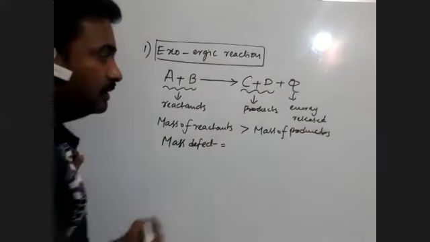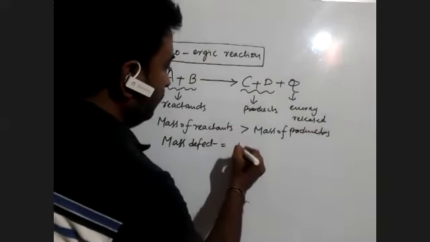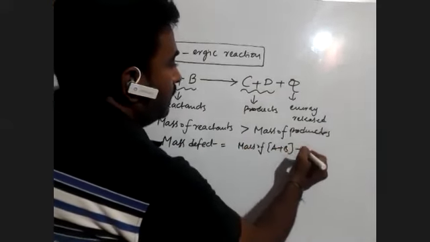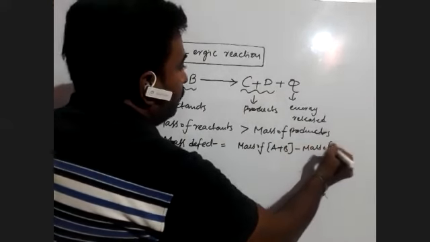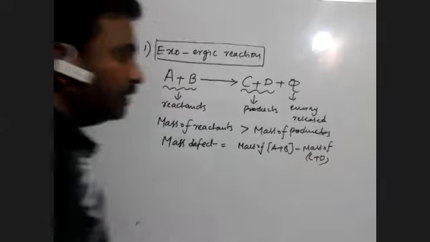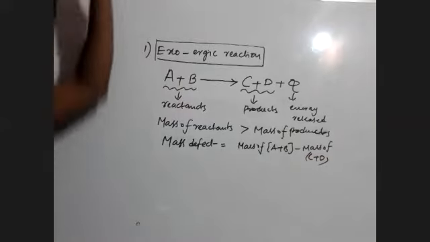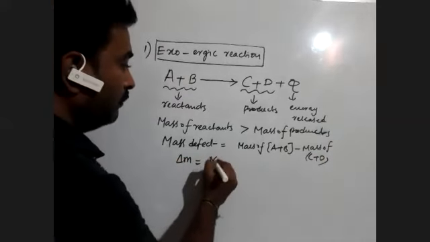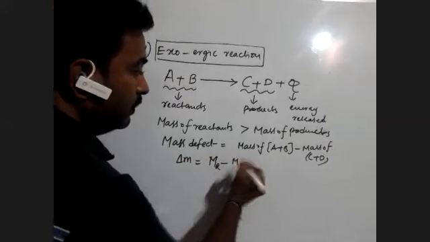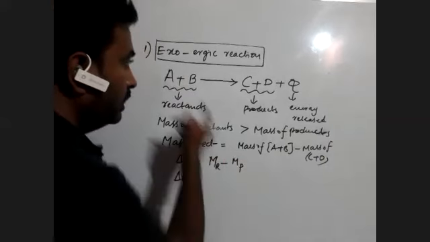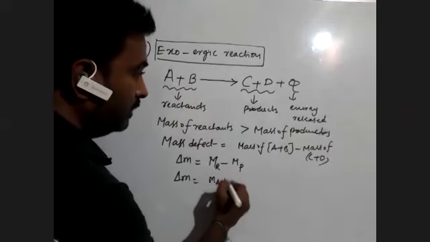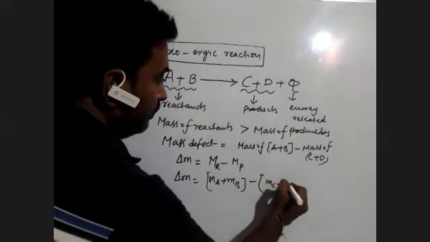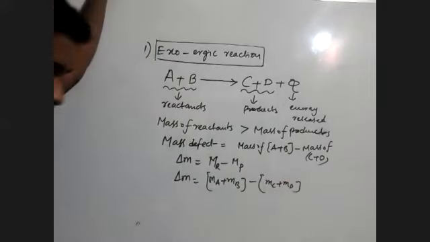The mass defect is equal to the mass of A plus B minus the mass of C plus D. Indirectly, mass defect is equal to mass of reactants minus mass of products. Then delta M is equal to mass of A plus mass of B minus mass of C plus mass of D.